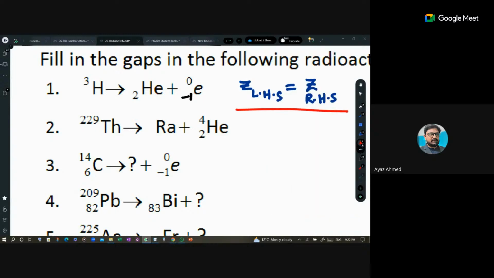Then I told you that all A's of the left hand side must be equal to all A's of the right hand side. So please, according to that, help me solve these equations. What about the first equation? Who will solve it? Okay, first one. Yes, try the first one.